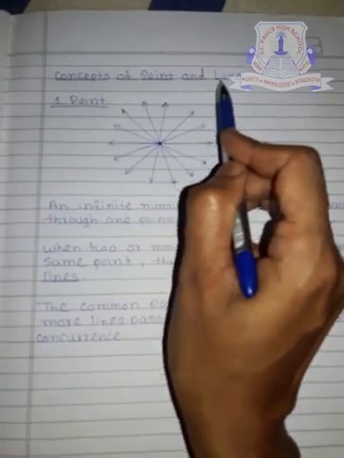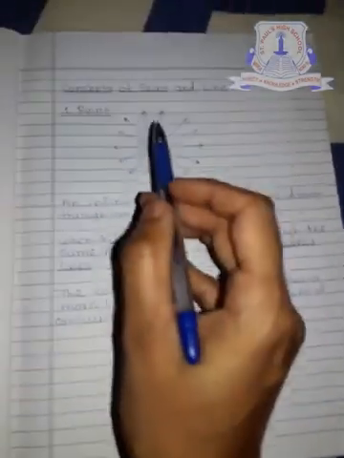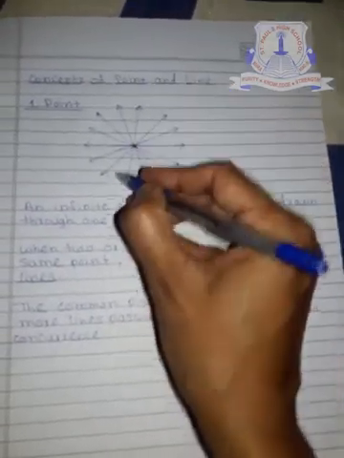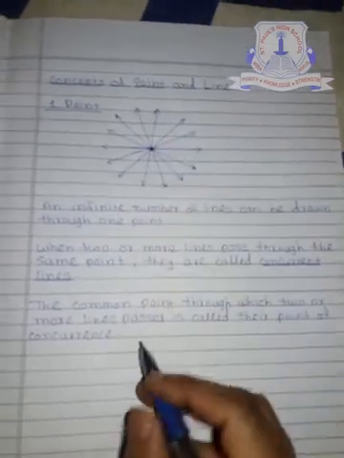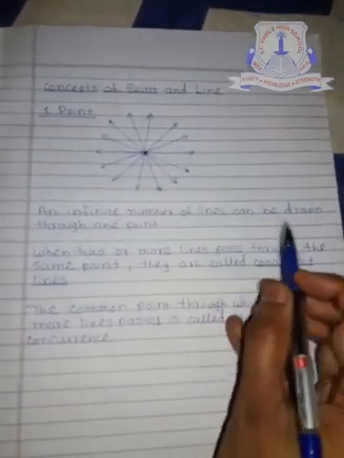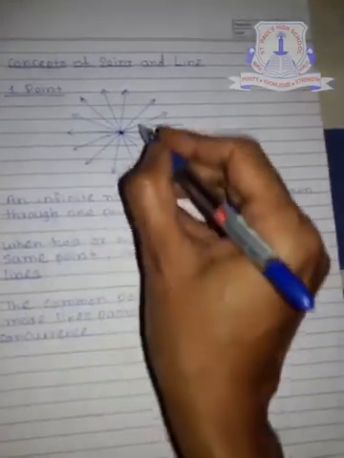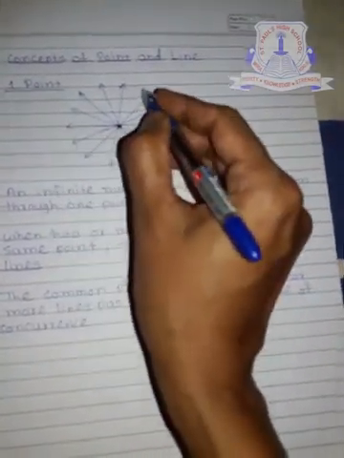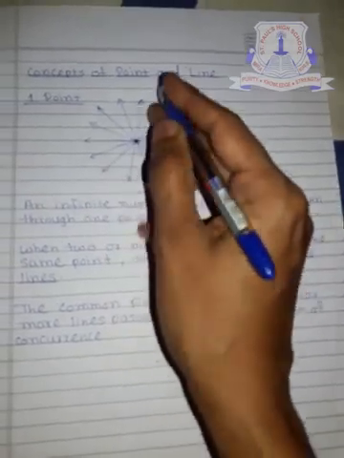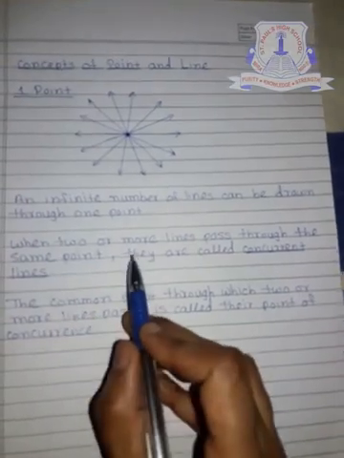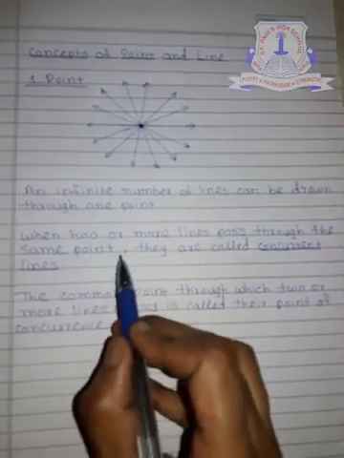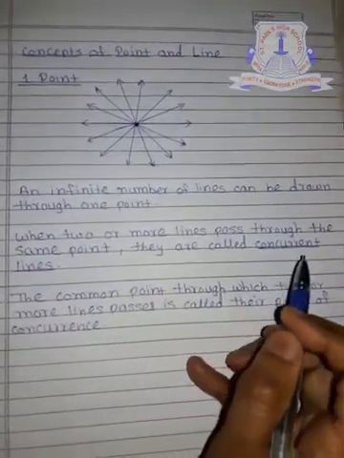Now we are going to learn the concepts of point and line. First, we take 1 point. There are infinite lines passing through this point. An infinite number of lines can be drawn through 1 point, means innumerable lines. When 2 or more lines pass through the same point, they are called concurrent lines.